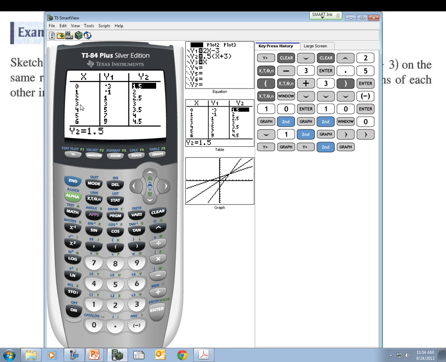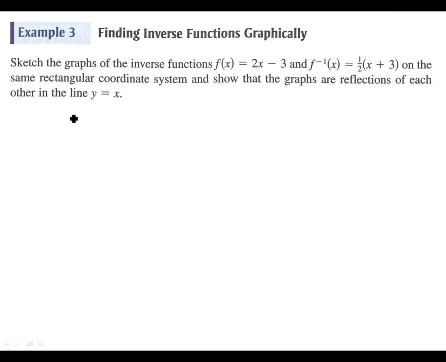If I plug in 3, I get 3, so if I plug in 3, I get 3. If I plug in 4, I get 5, so if I plug in 5, I get 4. The x's and y's are switching. So we can use our table to prove this also. All right, so that's how we're doing graphical functions. See if you can do that on exercise 25.